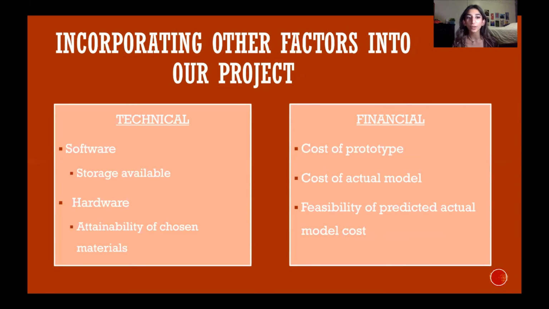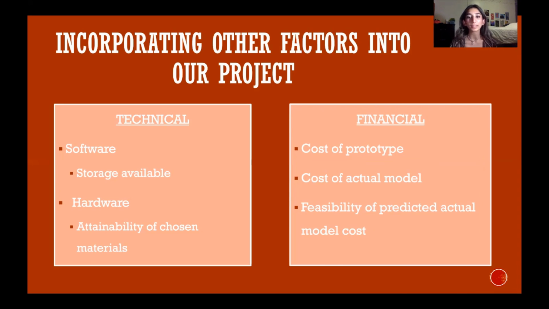As for technology-wise, our software, one of the things that we took into account was the available storage that we had. For example, we weren't able to radiation-proof the software because there was not enough storage to include redundancy checks. As for the hardware, we wanted to look for materials that were attainable by QSET.